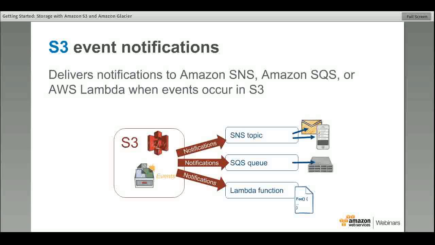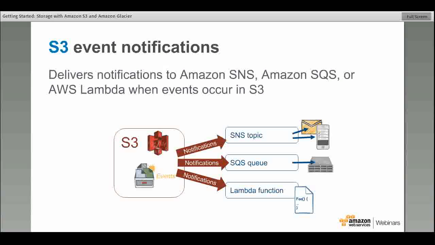Back at re:Invent, our annual customer event, we announced S3 notifications on puts. What that allows you to do is as soon as your application uploads an object into S3, for example, a high-res photo, S3 will fire off a notification that goes to one of three AWS services.